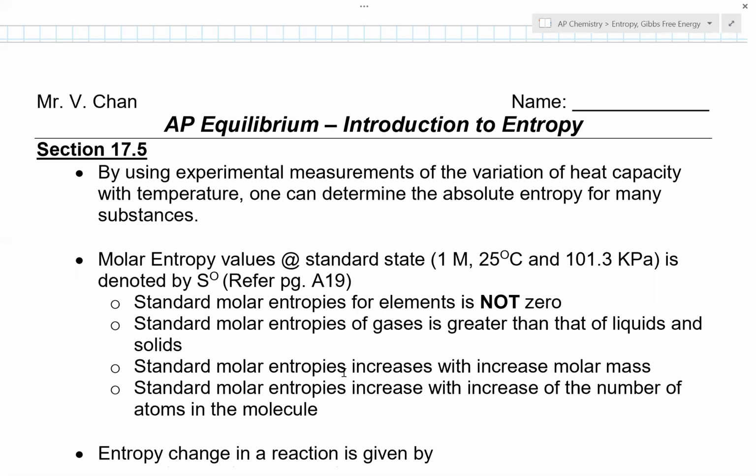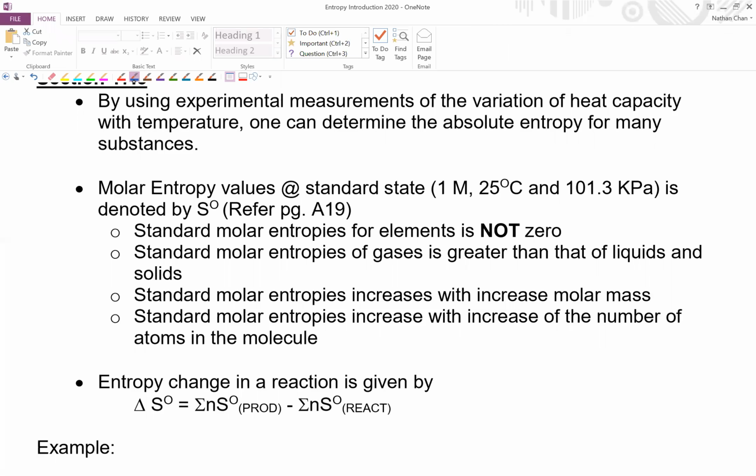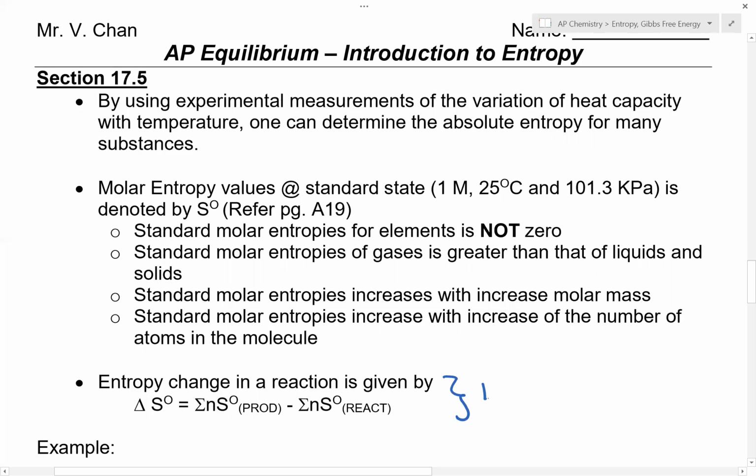Now, an entropy change in a reaction is given by delta S is equal to the sum of the moles of the entropy of the products minus the sum of the moles of the entropy of the reactants. Now, this should be familiar. This is like calculating enthalpy.